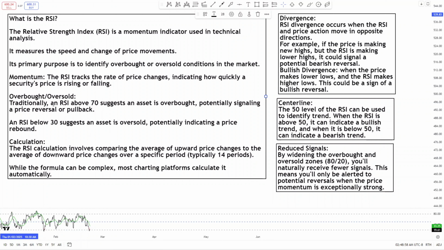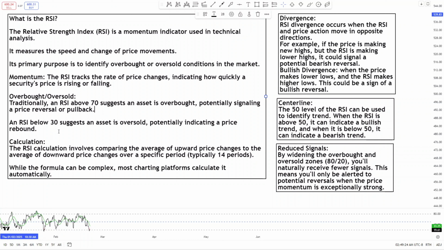So just real quick, traditionally RSI above 70 in an asset is overbought, potentially signaling a price reversal or a pullback, and then sellers are going to come in because at 70, they consider that high. I got some things to say about that. That's considered high, and not quite, but I'll just take this at face value for the sake of this video and this training.